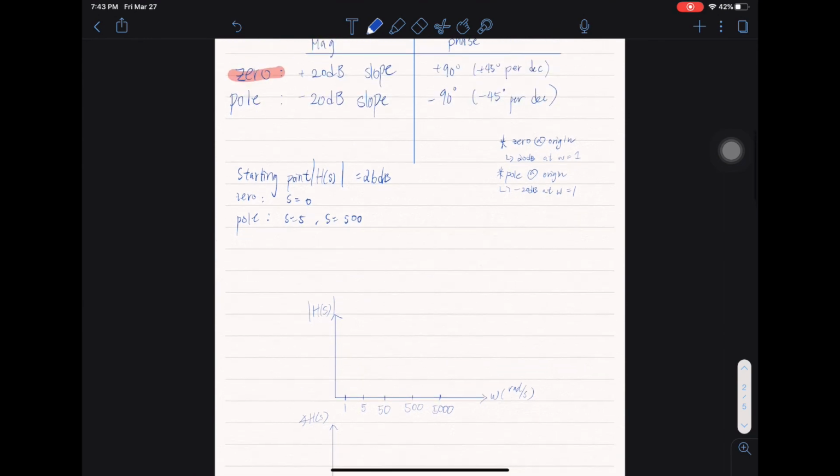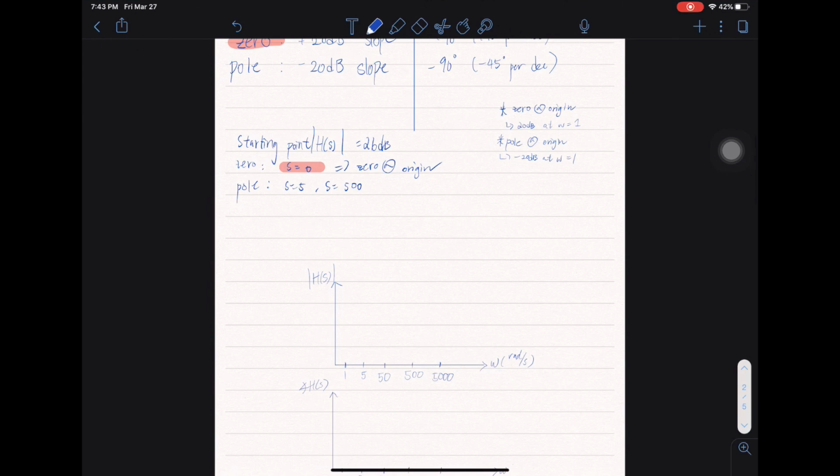So right now we said that we have s equal to 0, right? What does it mean? It means we have a zero at origin. And we said this before, if we have a zero at origin, we will have a positive 20 dB at omega equal to 1.